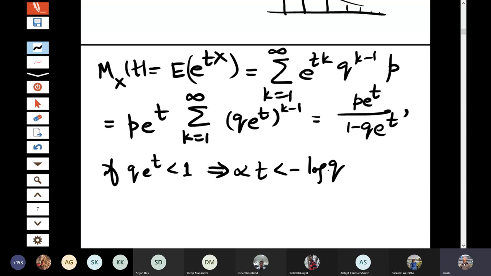So moment generating function exists. So you may not get confused here. Log q is actually a negative number because q is a probability. So it will be between 0 and 1, and therefore log of q is negative. So minus log q is positive. So this is fine. It is not a problem here.